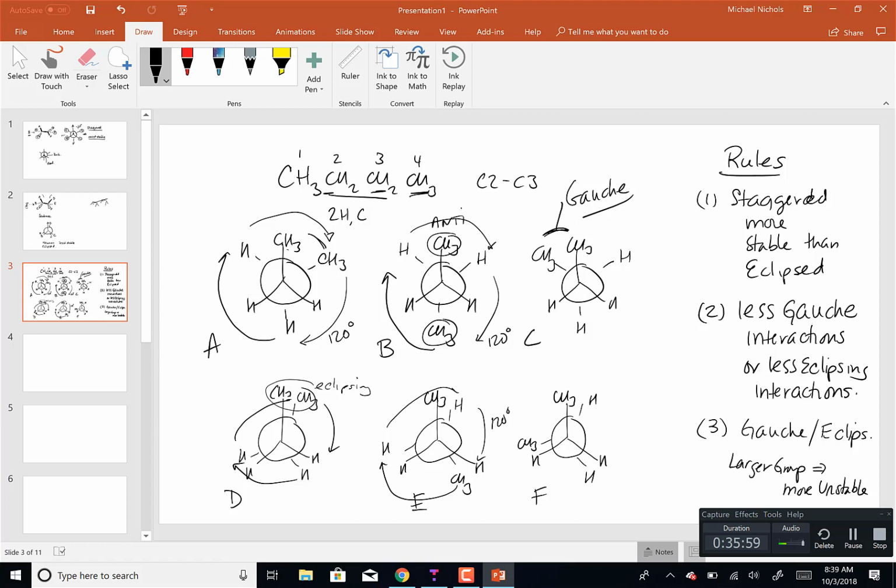They have to be eclipsing something, so the best case scenario is they're eclipsing the small hydrogen. But anything above that is going to cost you an energy. So that's what I'm going to ask you to do and be able to recognize with these conformations. Is, can we write all 6 and can we rank them? Now I think for the butane, I can do this. I think there's a picture of it in your book.